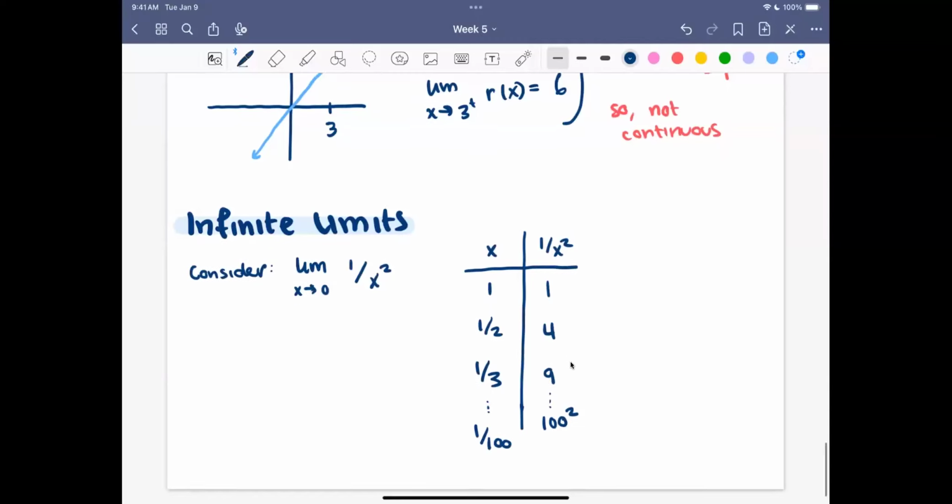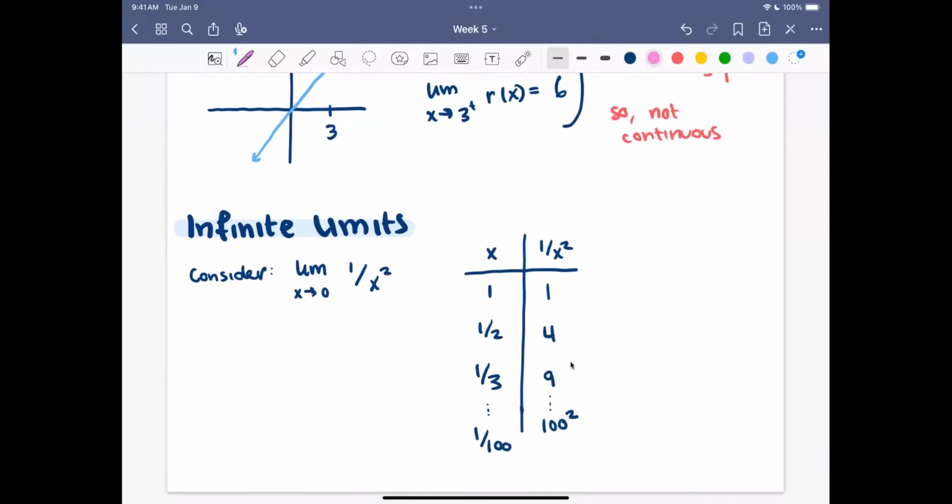So in this case, it makes sense to say, intuitively, we want to say the following: that the limit as x approaches 0 of 1 over x squared is equal to infinity.